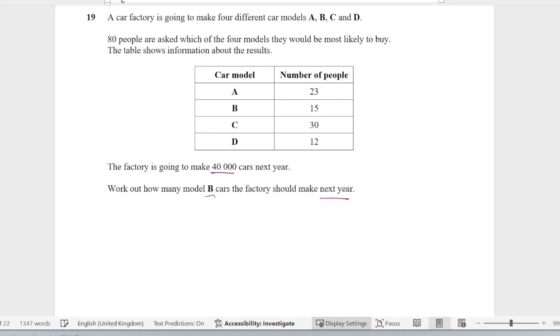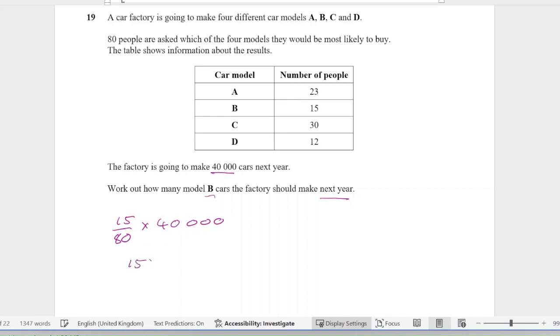So I would do, as a fraction, 15 out of 80 of them. So in effect, that's going to be the sum that I try to do. I would keep it nice and simple. I could simplify that, but I think it would be easier to simplify that.